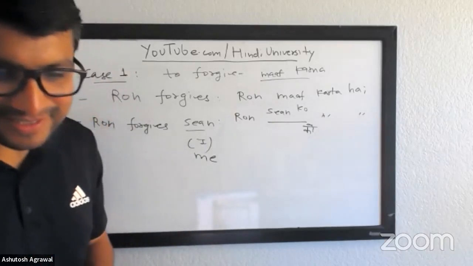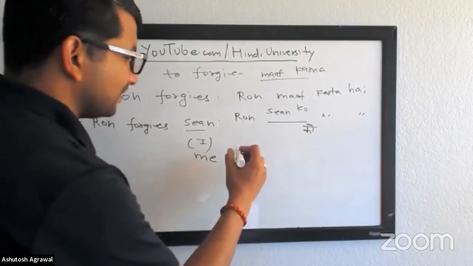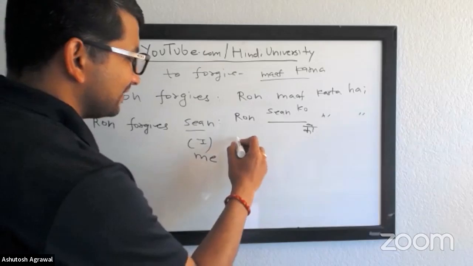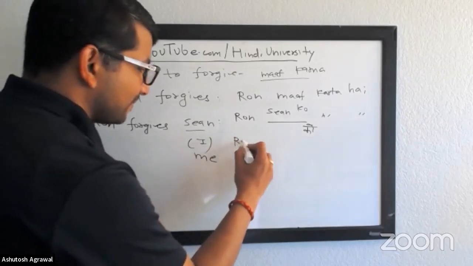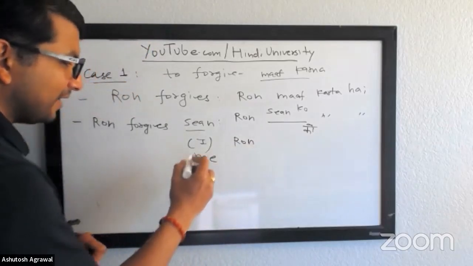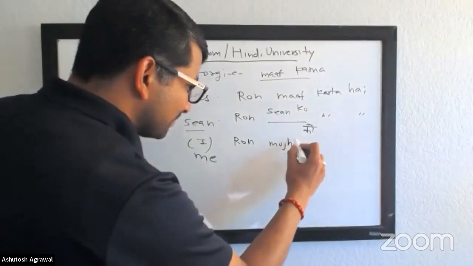Ali ji, you want to try that? Yeah, so you're saying Ron forgives me? Would it be mera or mujhko? Very good. Ron mujhko maaf karta hai.